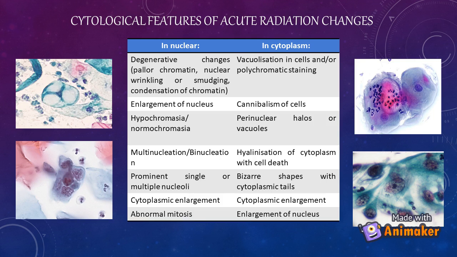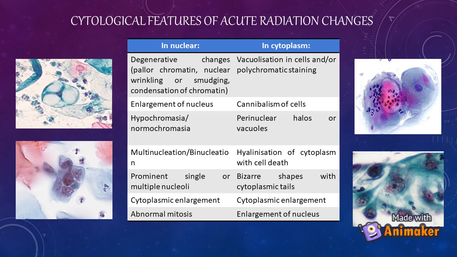Cytological features of acute radiation changes. In the nucleus, we can see degenerative changes, pallid chromatin, nuclear wrinkling or smudging, condensation of chromatin. Next, enlargement of nucleus, hypochromasia or normochromasia, multinucleation or binucleation, prominent single or multiple nucleoli, and also abnormal mitosis.